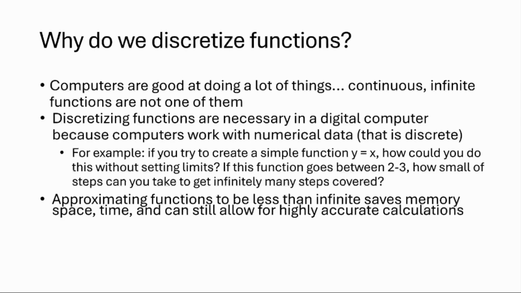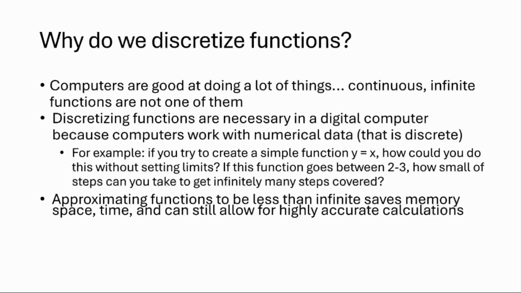You see, there's a lot of things there, and obviously there has been a lot of work to try and fix these problems, but the best way, at least for now, is discretizing functions, or breaking up these large continuous chunks into discrete, smaller pieces.